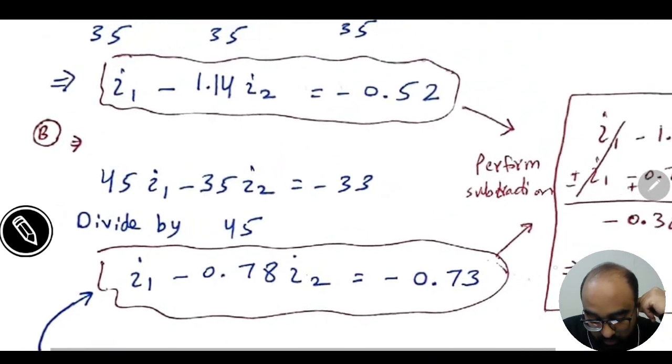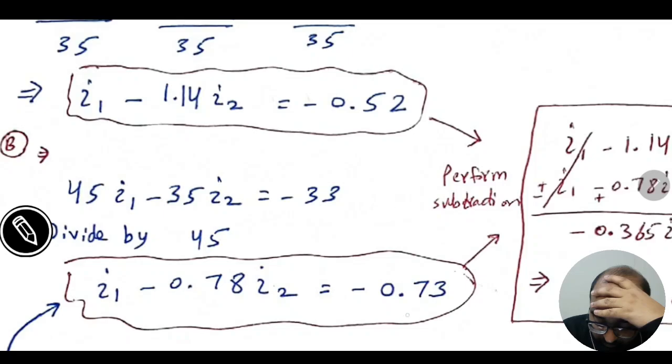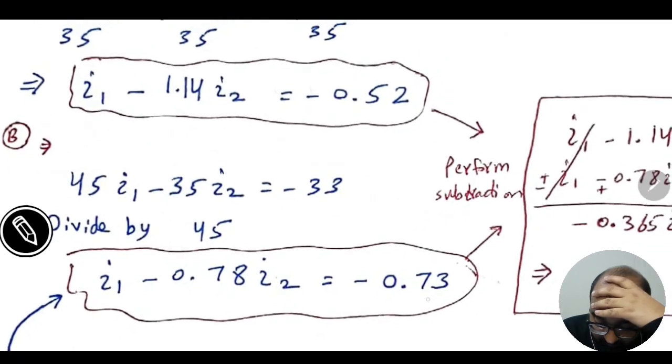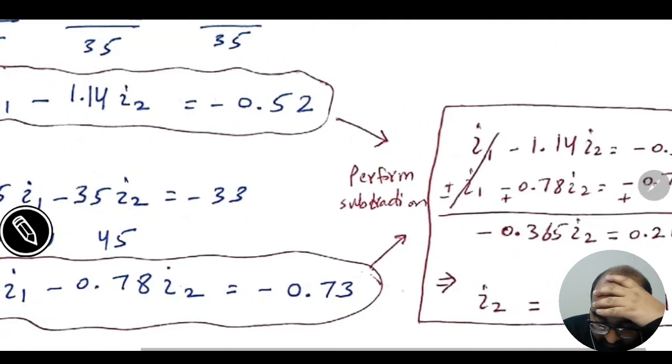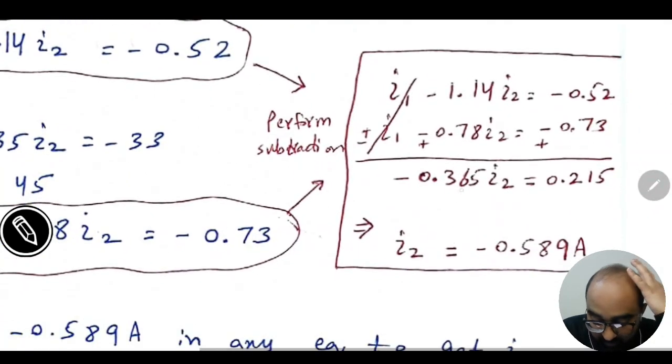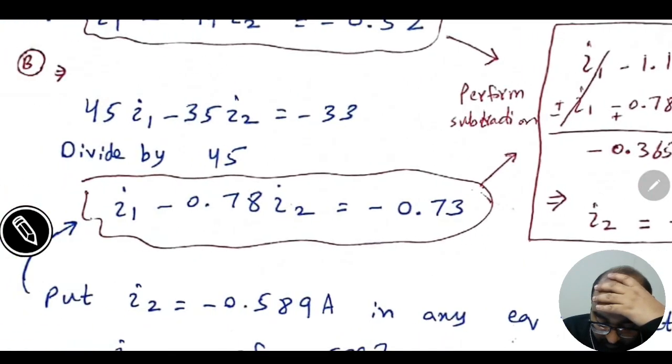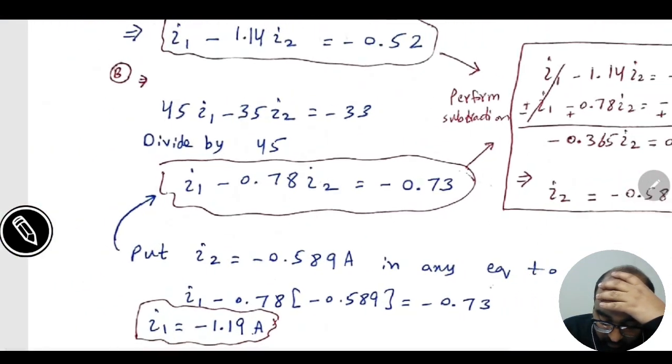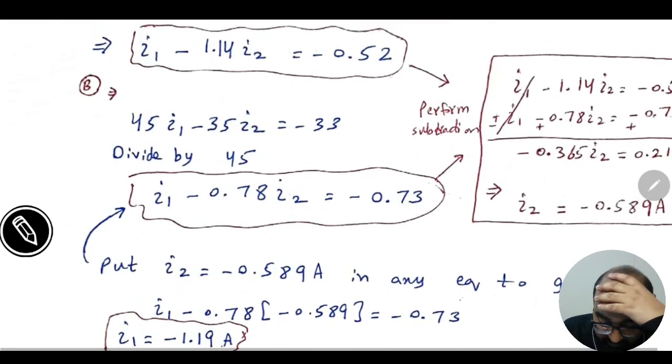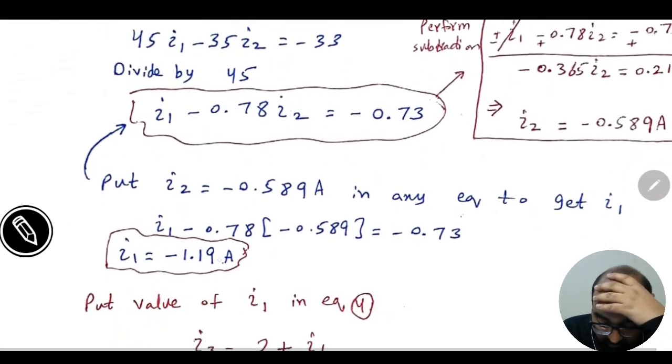Now what we are going to do is subtract equation 2 from equation 1. Here is the subtraction. We can see we will get I2, which is 0.589 ampere. By putting the value of I2 in any of these equations, we will get the value of I1.